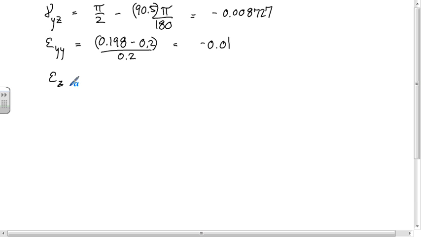Opposite with angles though, kind of? So when angles get bigger, it's negative? It is the opposite with angles, yeah. So positive for the shear strains is when the angle becomes more acute. Okay, so ZZ, we have 0.406 minus 0.4 divided by 0.4, and you get positive 0.015.